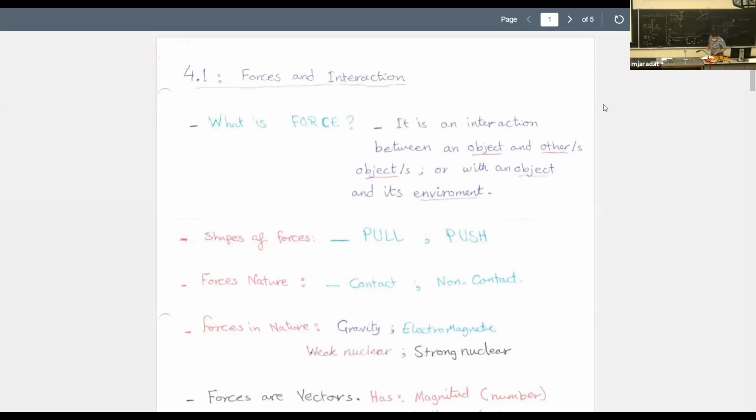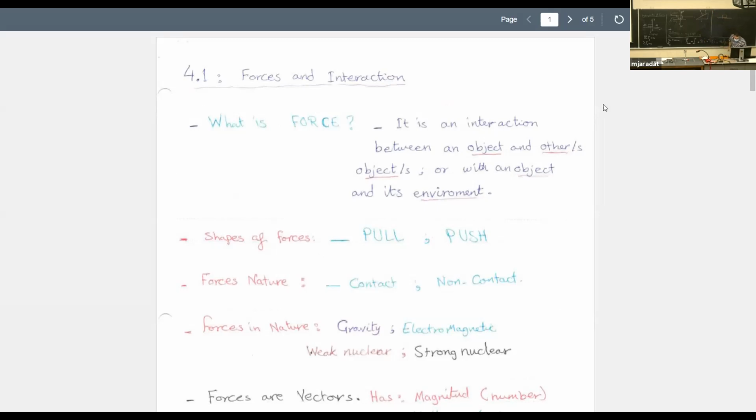Let us look now also at another example. What if we have an angle? This is 48.5. Okay, what if we have a surface and an object?